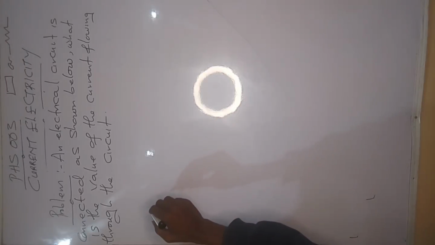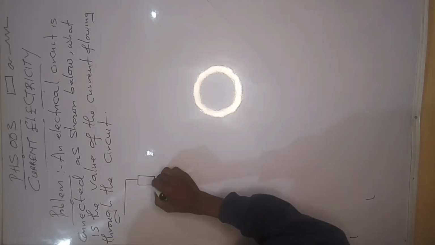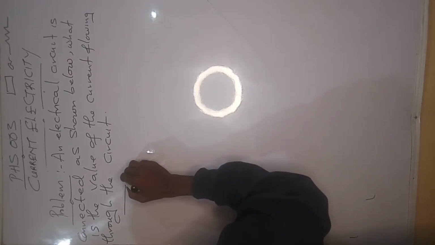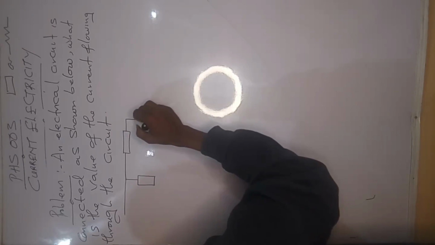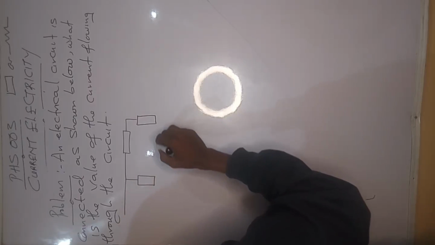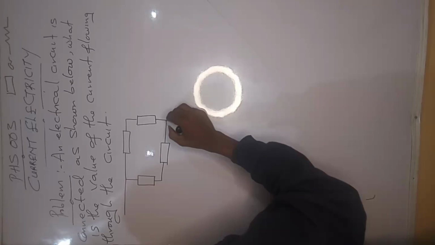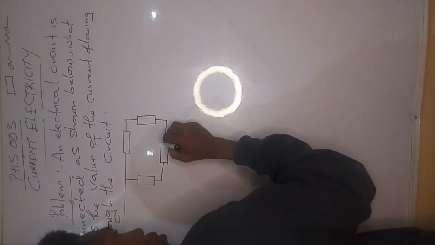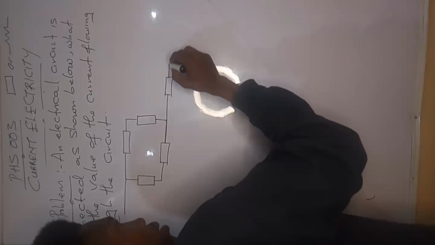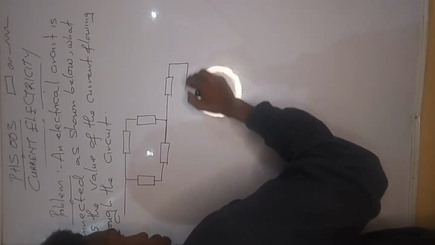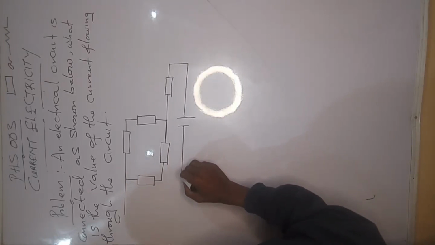And the diagram is like this. If we are able to deal with this question, it means we understand the arrangement rules.